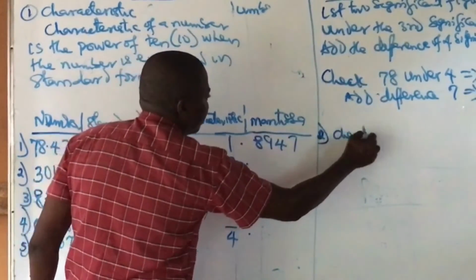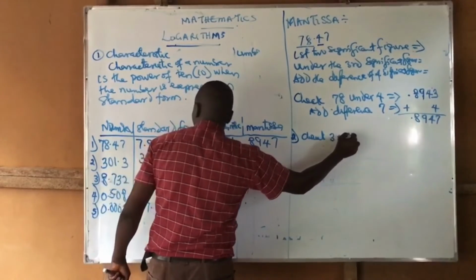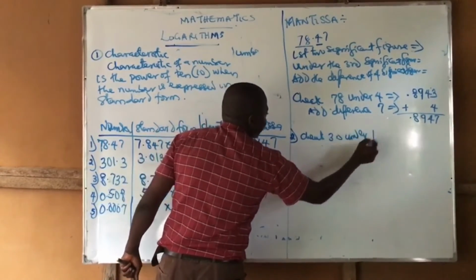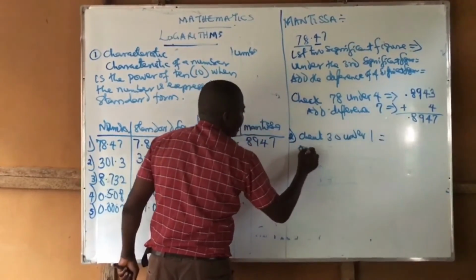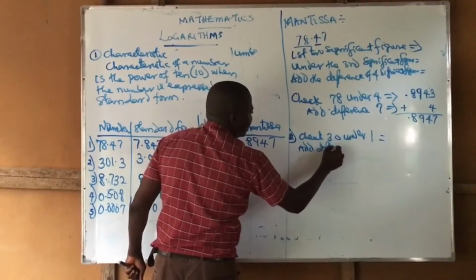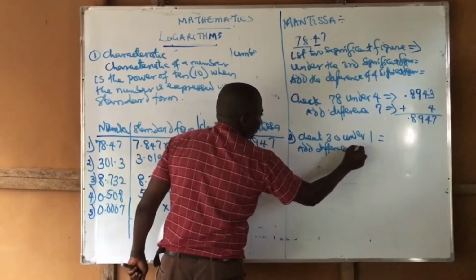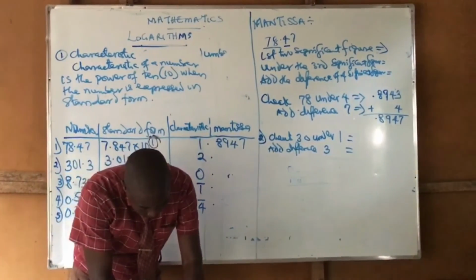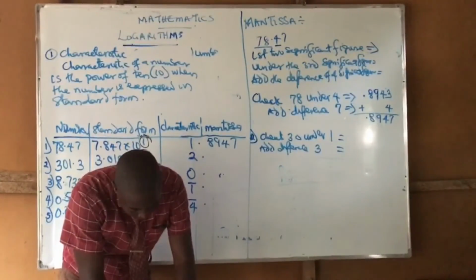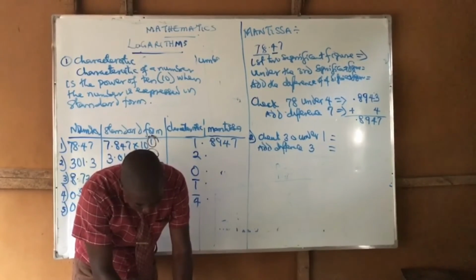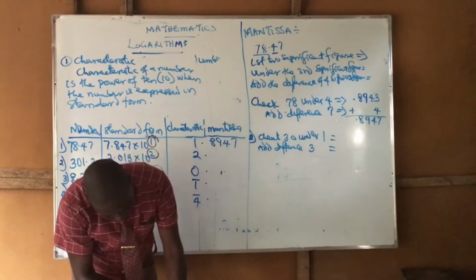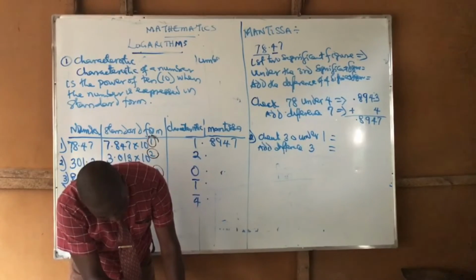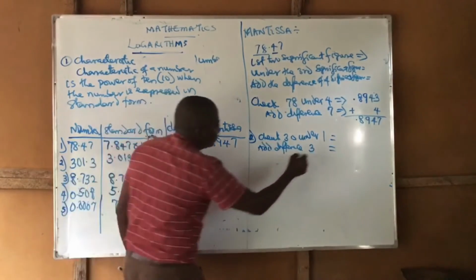Check 30 under 1. Add difference 3. So what is 30 under 1? 30 under 1 is 4786.